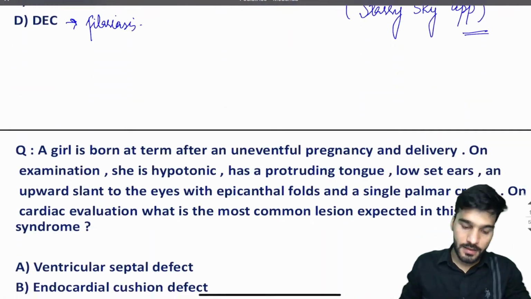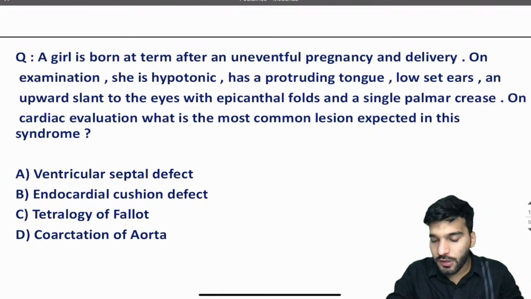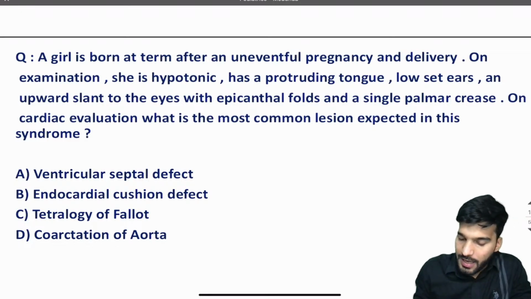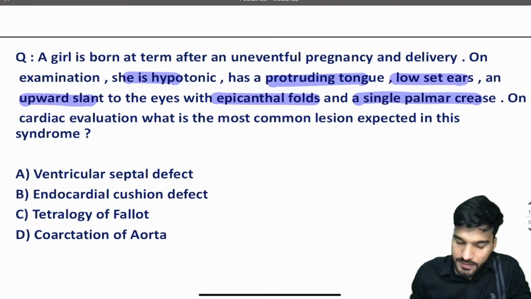Next, a girl is born at term after an uneventful pregnancy and delivery. On examination, she is hypotonic, has a protruded tongue, low set ears, and upward slant to the eyes with epicanthal folds and a single palmar crease. On cardiac evaluation, what is the most common lesion expected in this syndrome?